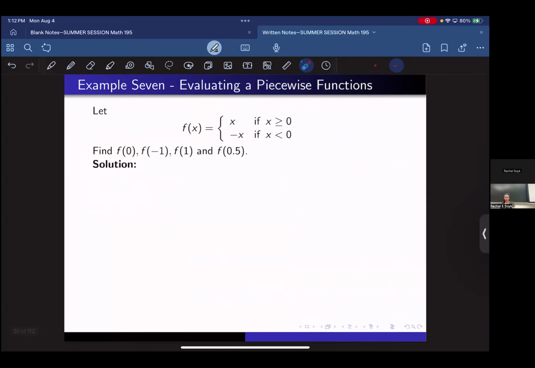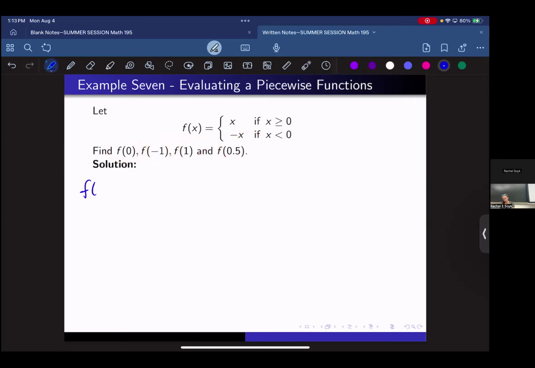So let's look at a simple example at first. We're only dealing with these two pieces of different functions put together to create a function itself. And we're not even asked to find the domain. In this example, we're just asked to evaluate at certain input values.